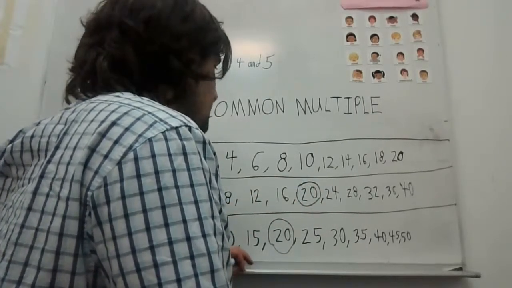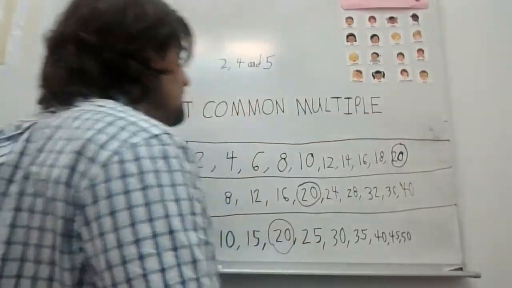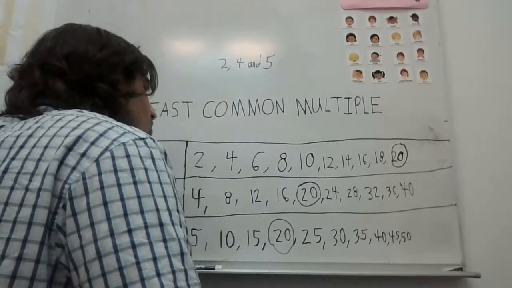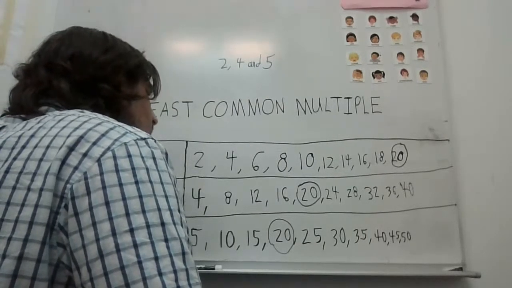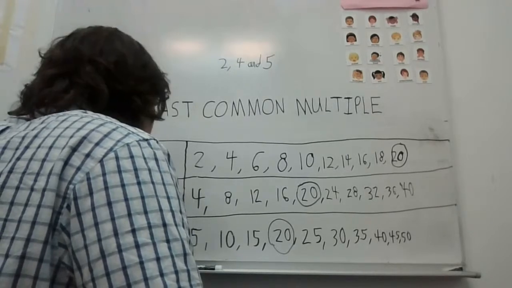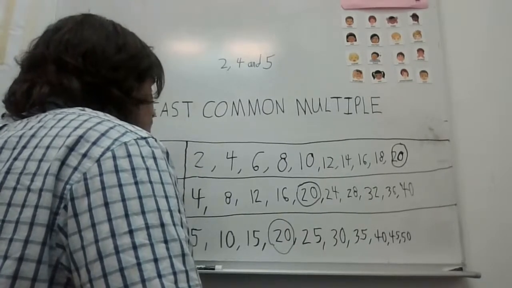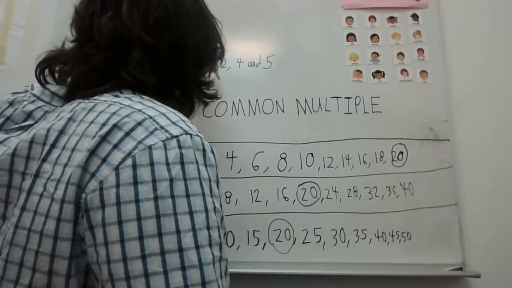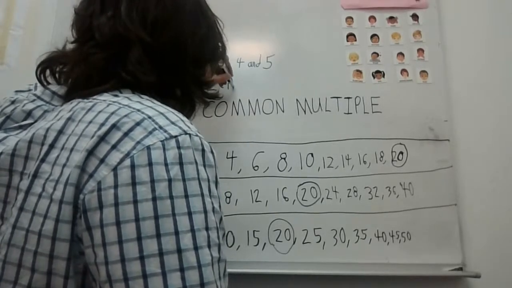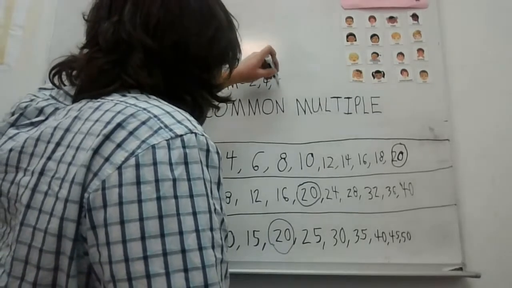And 20 is a multiple of 2. So we finally found the least common multiple. Finally found it. So 20 would be the least common multiple between 2, 4, and 5.